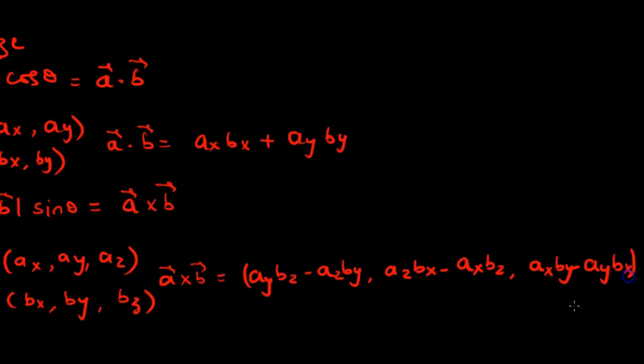And this is how we would get the new coordinates for the product of A and B in the form of a cross product.